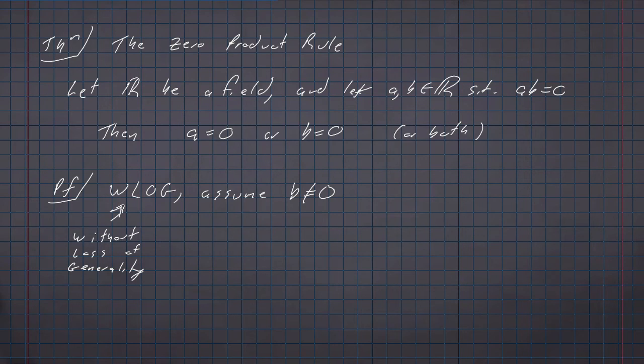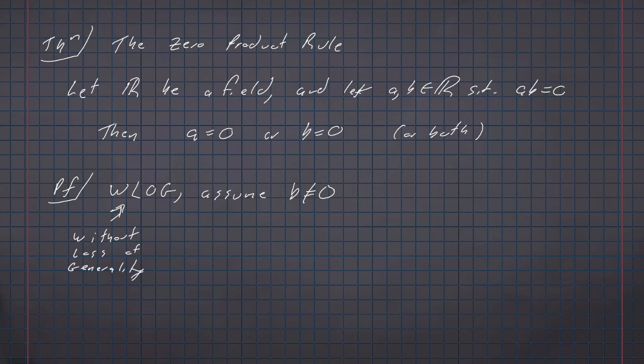In this case, I have two things I'm multiplying together, and I'm claiming that when the product of these two things is 0, one of the things itself must be 0. If b is equal to 0, then this is about the easiest proof that has ever come up, because we're already done. So that's not the interesting case.